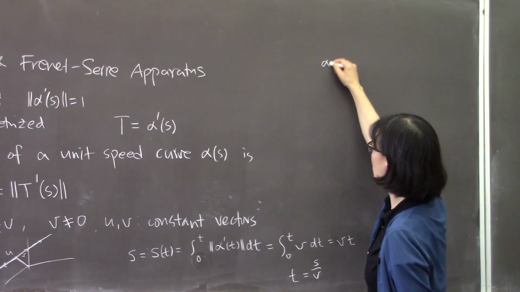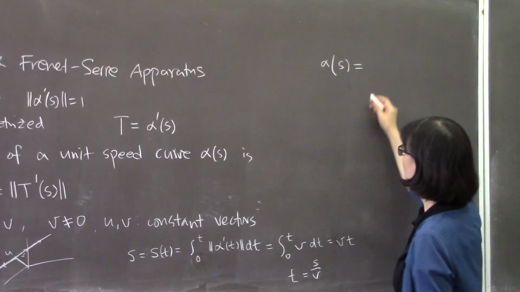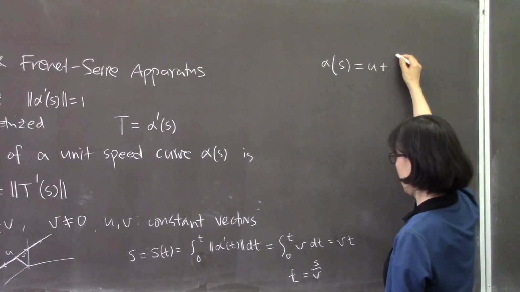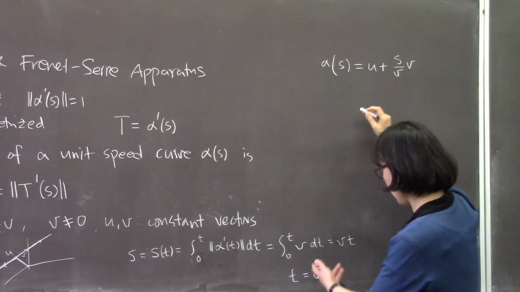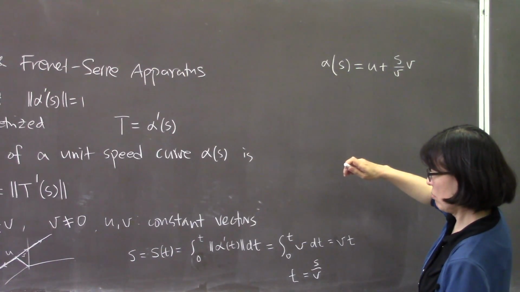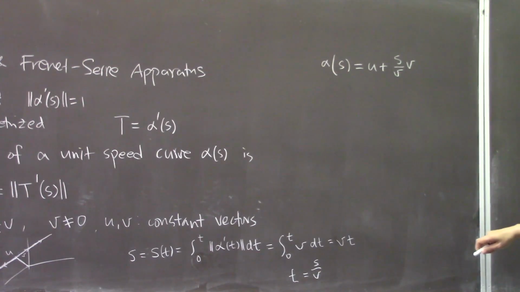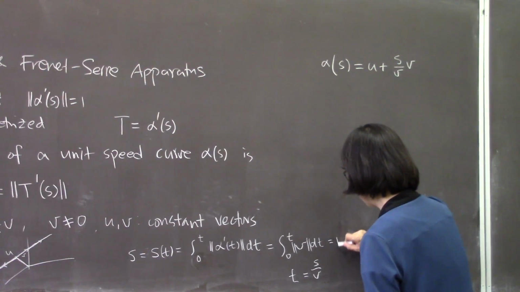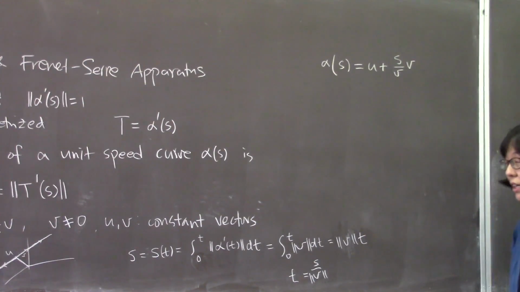So let's change the curve in terms of S. Then u plus t, which is S over the magnitude of v, times v. Okay?